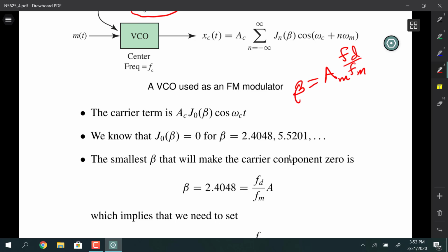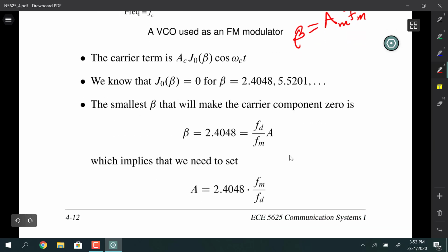We're solving the equation. The very first time it goes through 0 is when beta is 2.4048. So we solve for A, and A is 2.4048 times fm over fd.